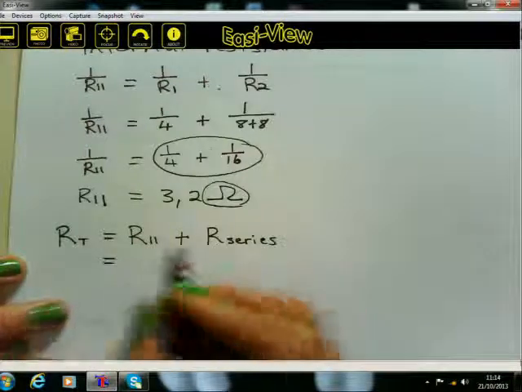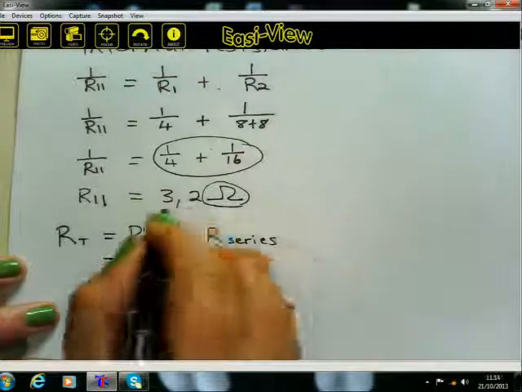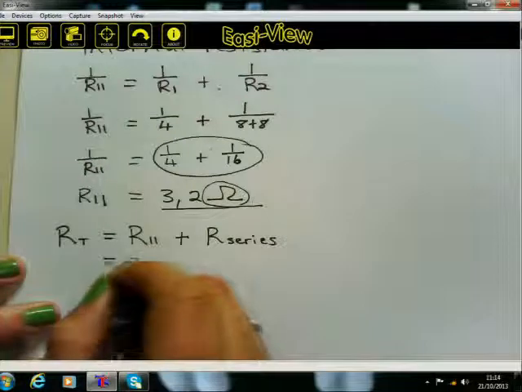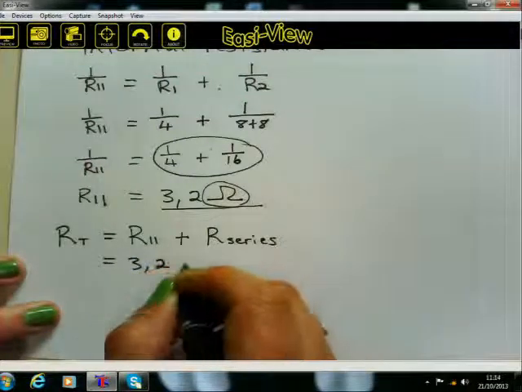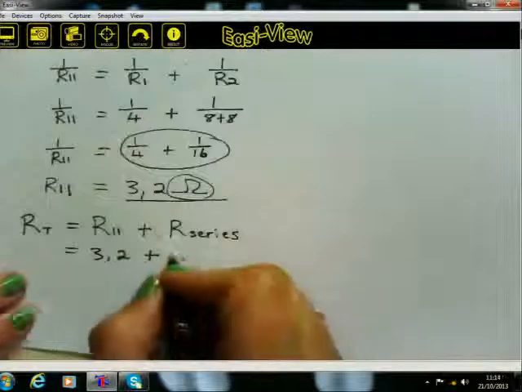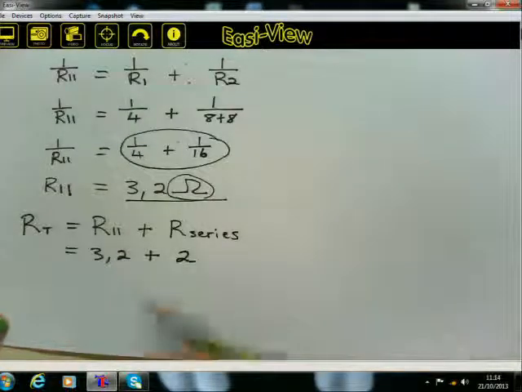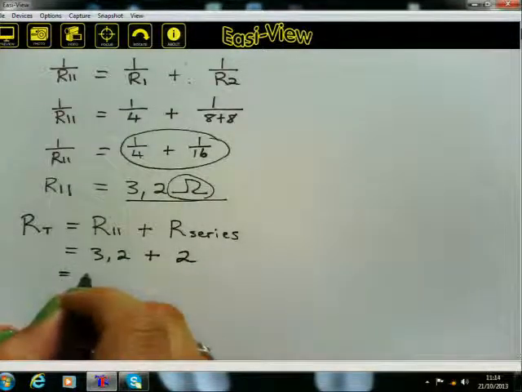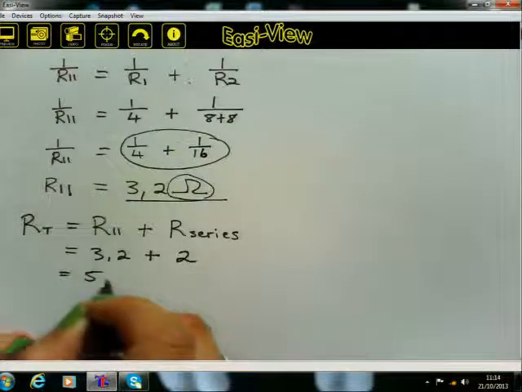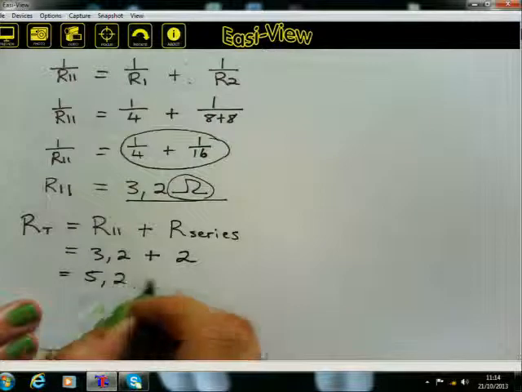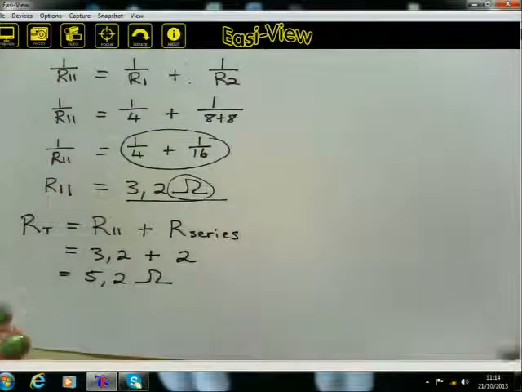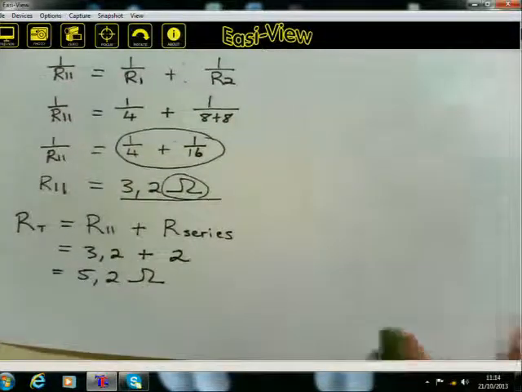When we substitute, the parallel part we already calculated, 3.2, plus the series resistor, this one, 2 ohms. So we add the two together, and this is equal to 5.2 ohms.